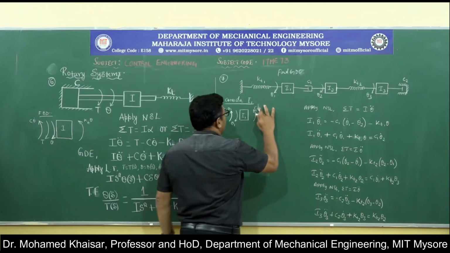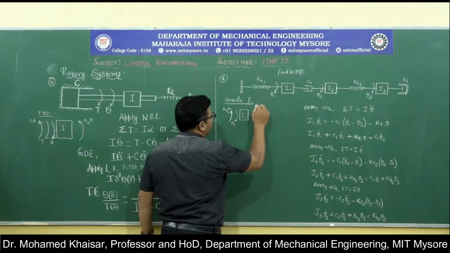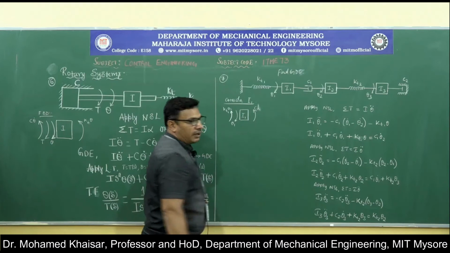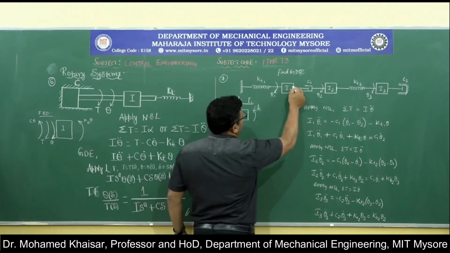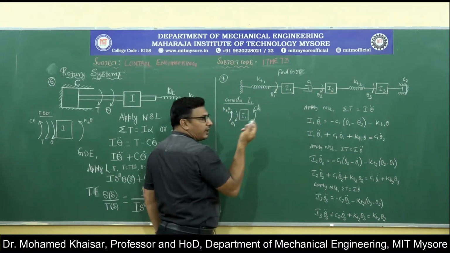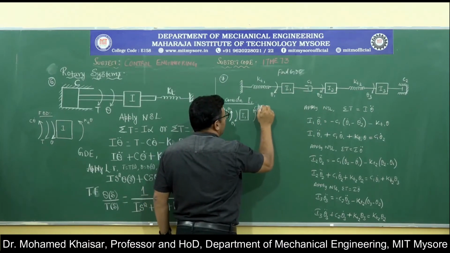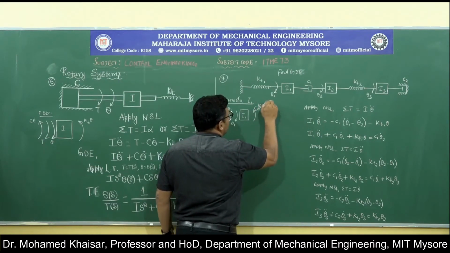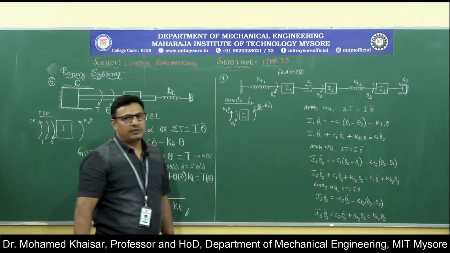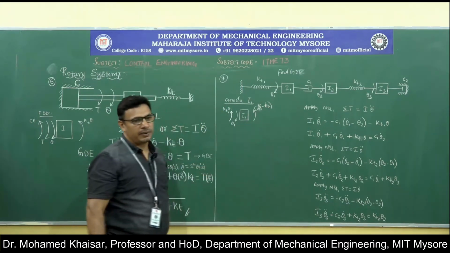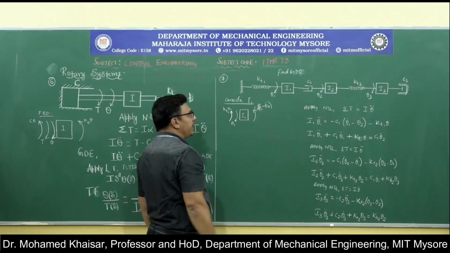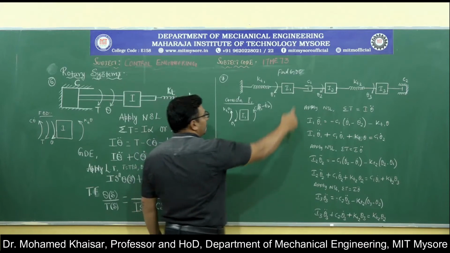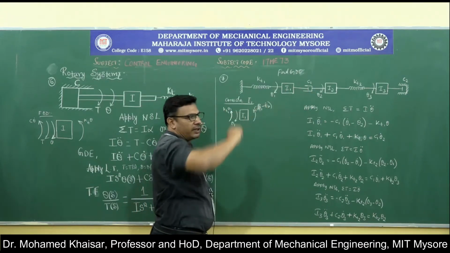Sorry, here there is a small correction. The resisting component offered by the damper, since the damper is connected to both I1 as well as I2, just like in the spring mass damper system, is C1 times theta 1 dot minus theta 2 dot. Why? Because the moment I1 tries to rotate by an angle theta 1, the damper will try to resist that rotation.